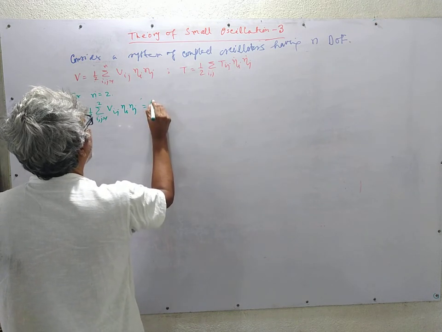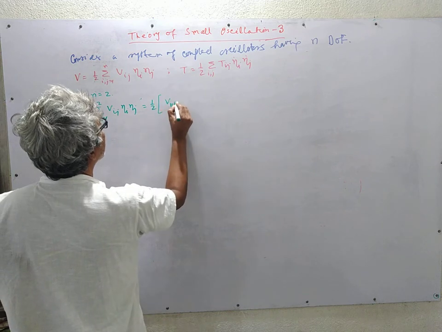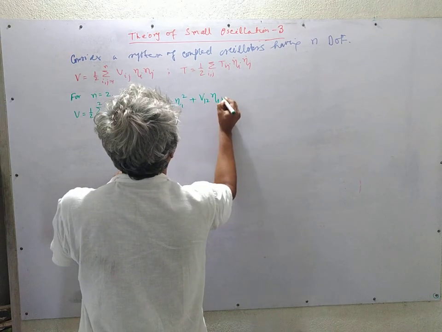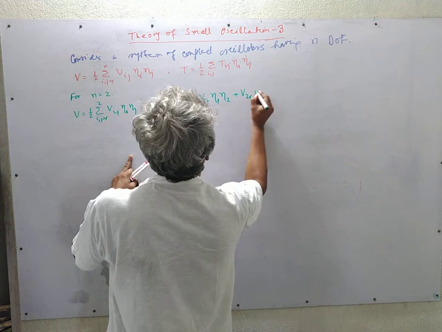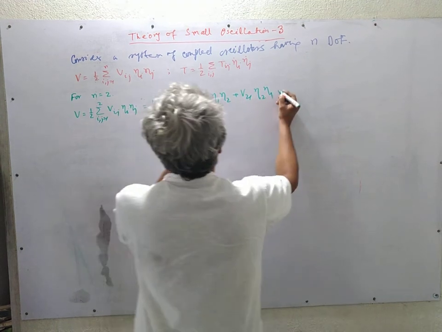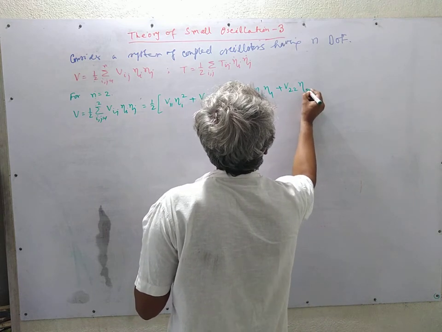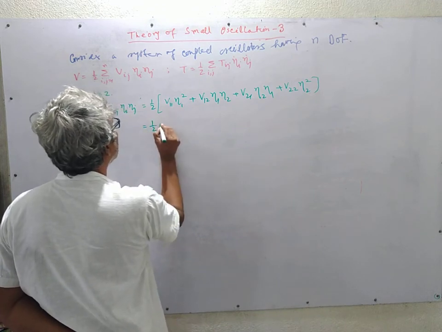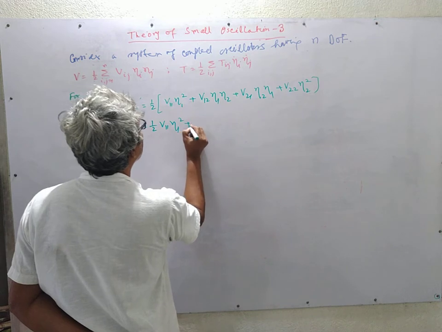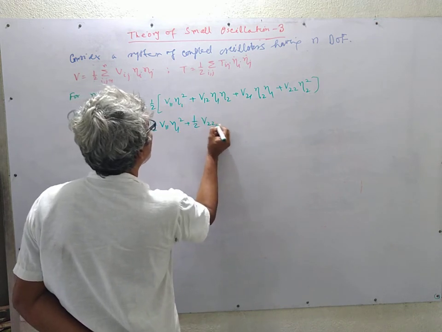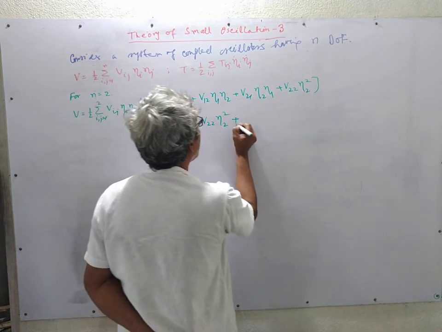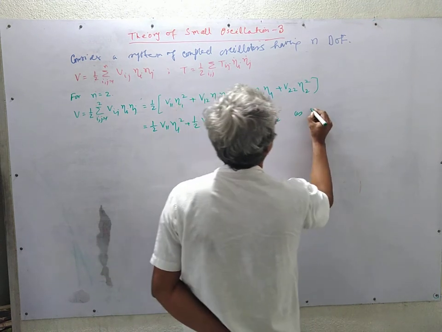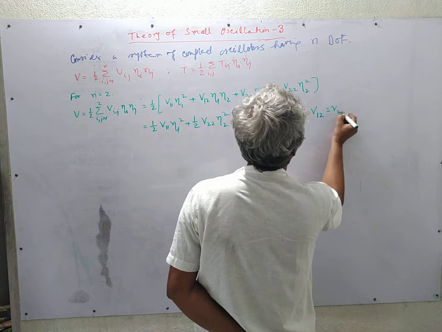So this is half V11 eta 1 square plus V12 eta 1 eta 2 plus V21 eta 2 eta 1 plus V22 eta 2 square, which can be written as half V11 eta 1 square plus half V22 eta 2 square plus V21 eta 1 eta 2, as V12 is equal to V21.